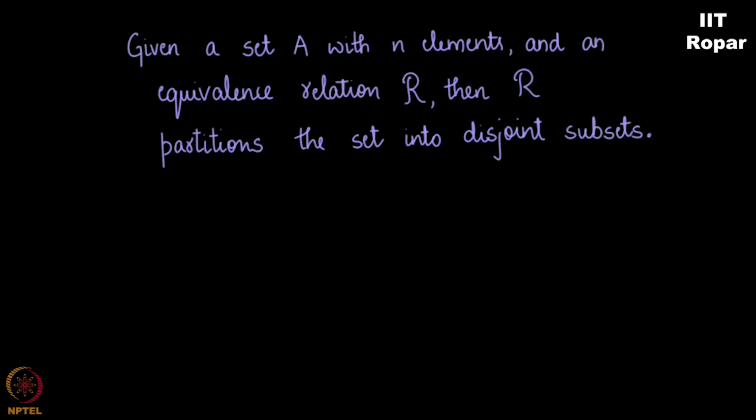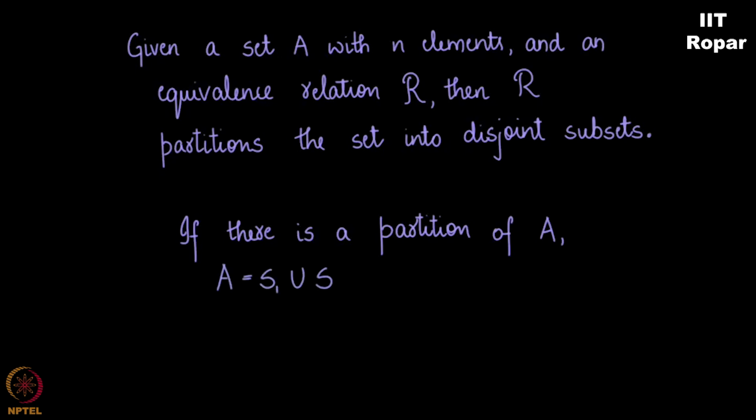Now, they say the converse is also true. What do we mean by that? By that we mean, if you are given a partition of A as S1 union S2 up to, let's say, Sk, some partition of A, forget about the previous Si's that we wrote, that was in a different context.